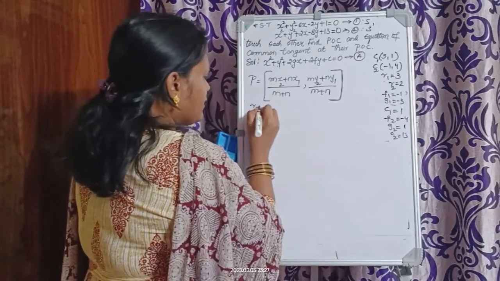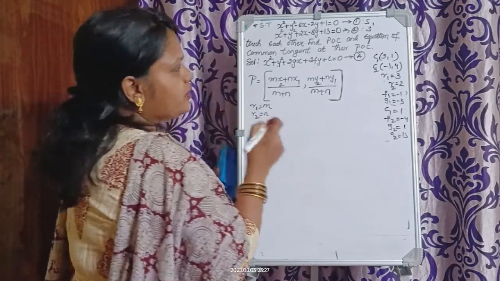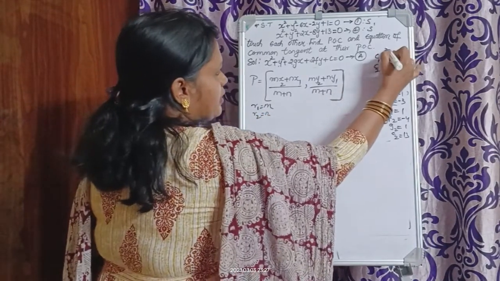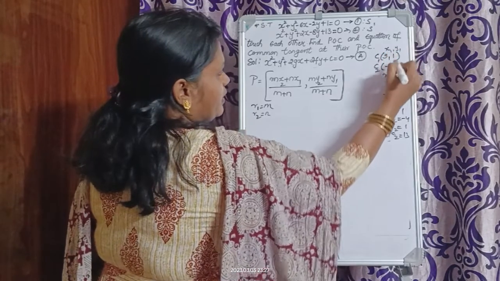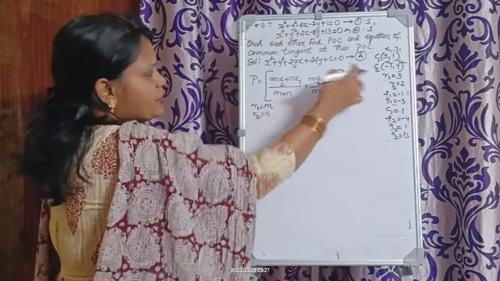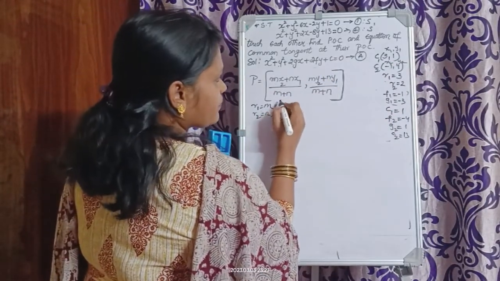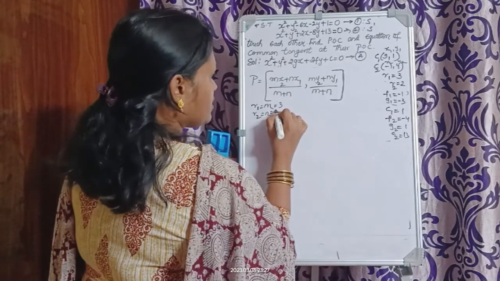Here R1 is m and R2 is n, right? And this is x1 y1 and here x2 y2, right? Substituting these values here, we get R1 is 3, R2 is 2.